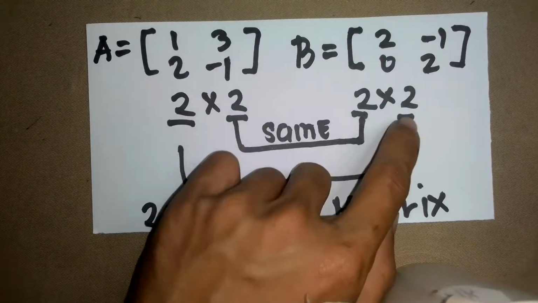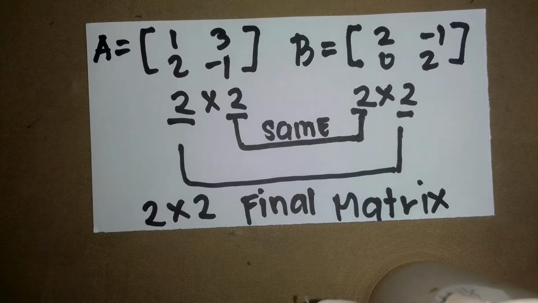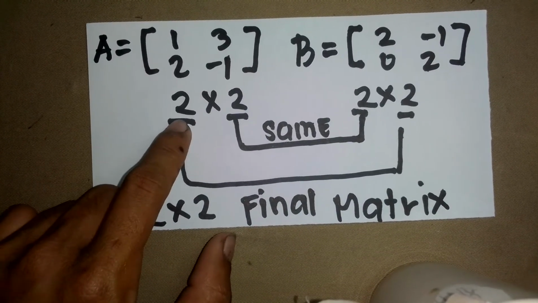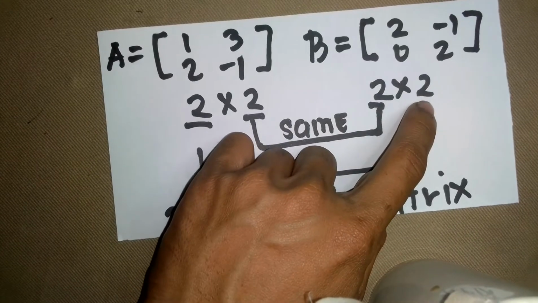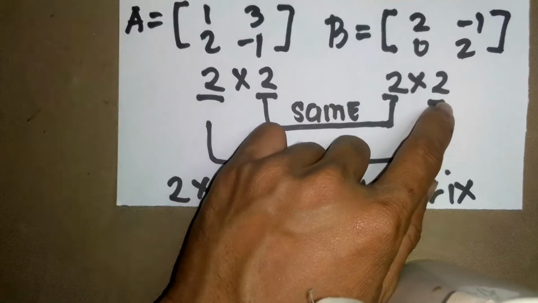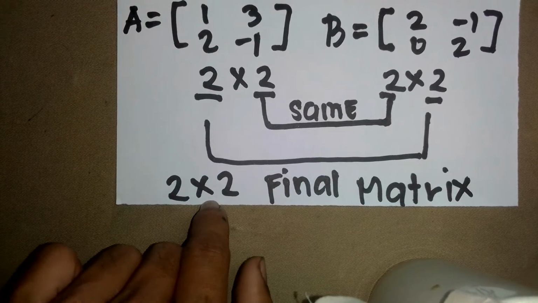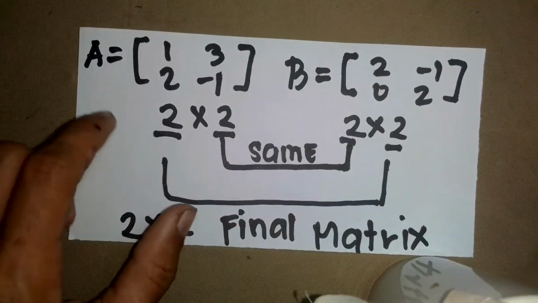For this one, just like I said a while ago, with 2 rows and 2 columns for matrices A and B, we get a 2 by 2 final matrix as the final answer.